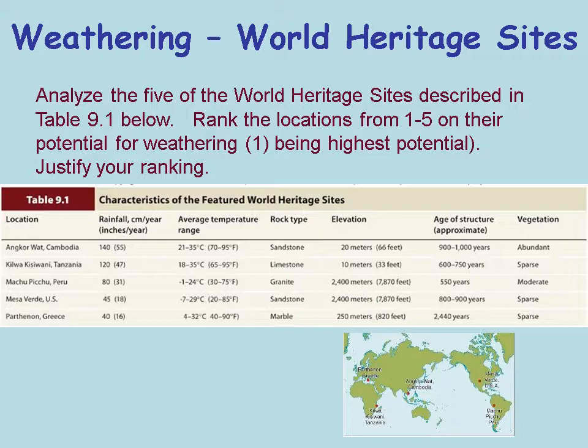So I don't know what the answer is on that, but I think probably I would put Angkor Wat at the highest potential perhaps, and Mesa Verde at the lowest potential, and then you could argue for the ones in between.